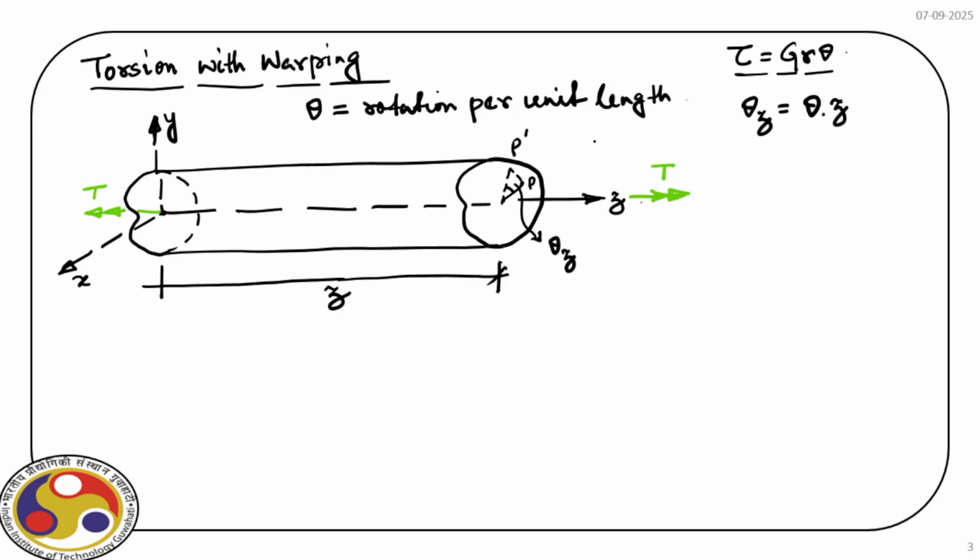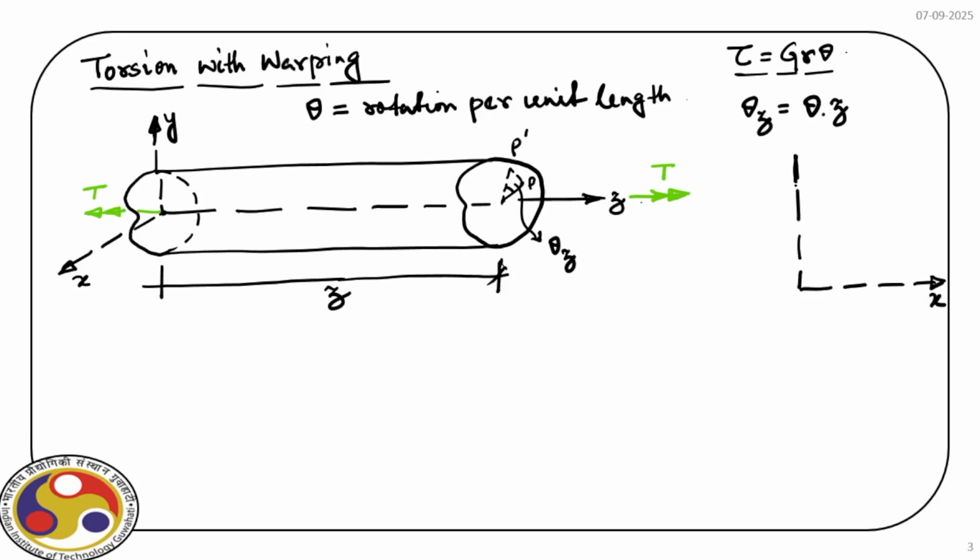Before we move further, let us draw this cross section at the right side, this extreme end, and identify the displacement components. We first draw the cross section.